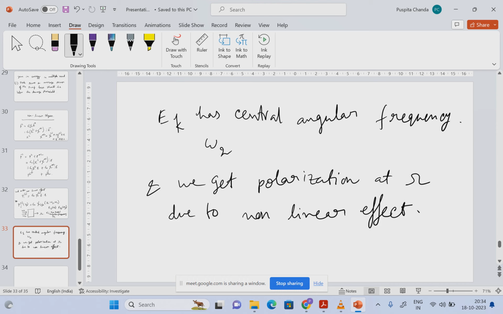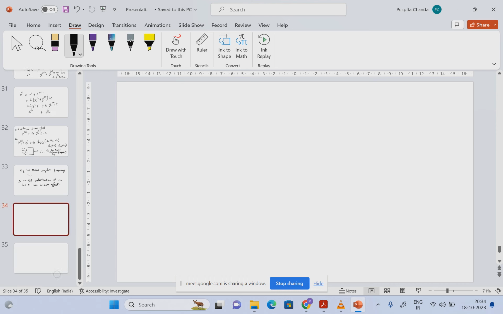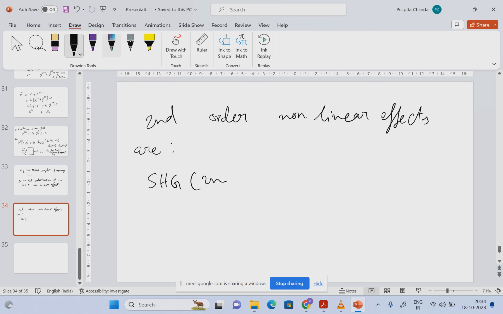Okay. So, you know, the second order non-linear effects, which are omega plus omega, we get 2 omega.